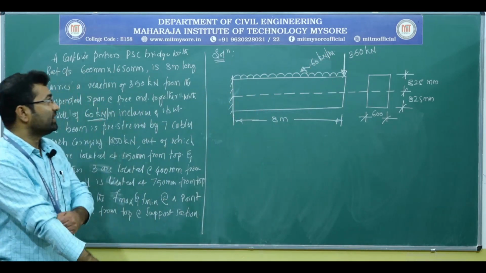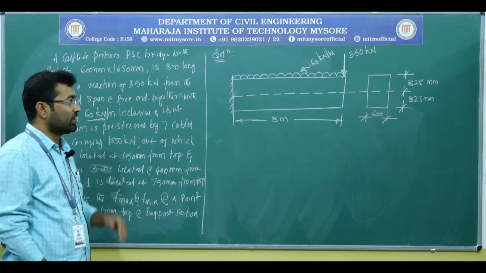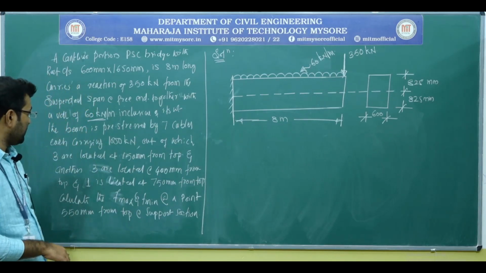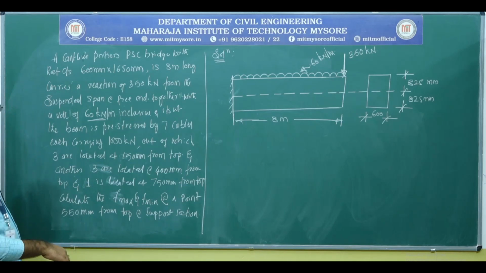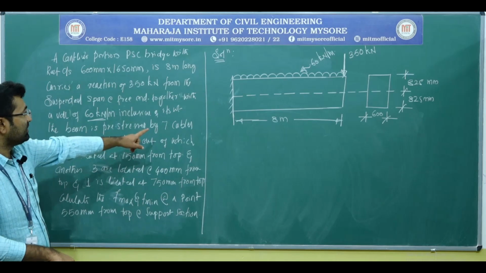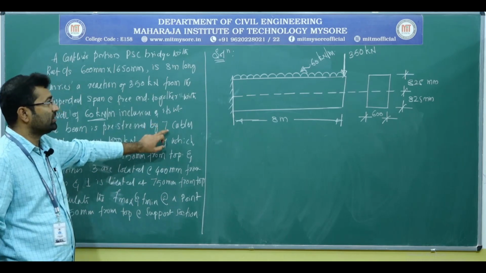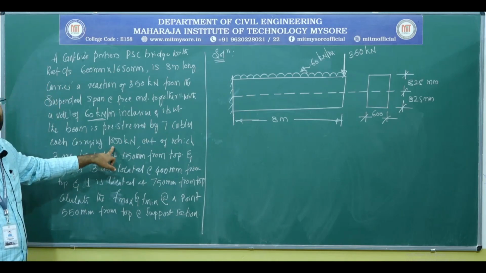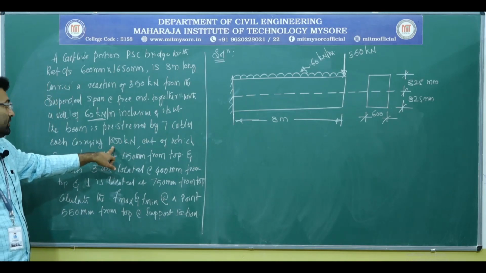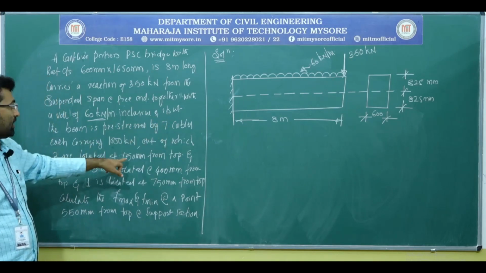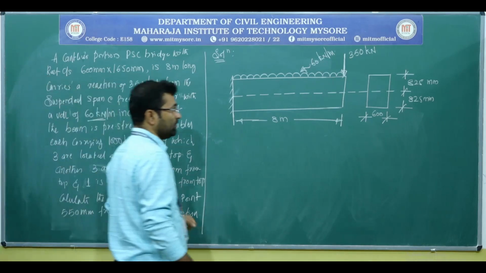So because of this loading condition and the pre-stressing forces, that is the beam is pre-stressed by 7 cables. Each cable has a force of 1000 kilonewton, and out of these 7 cables, 3 are located at 150 millimeter from the top.